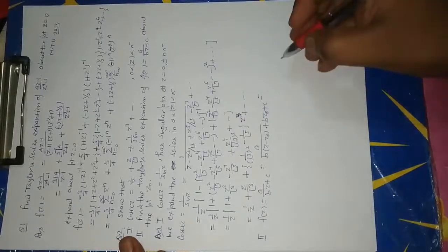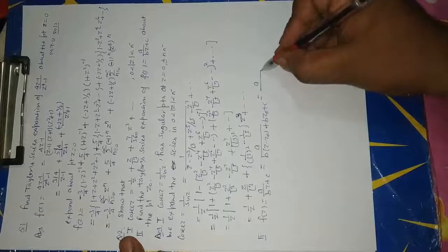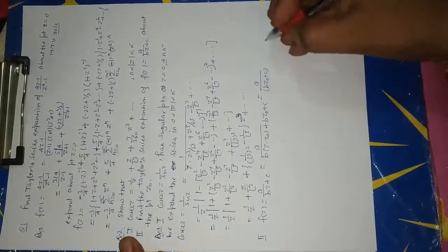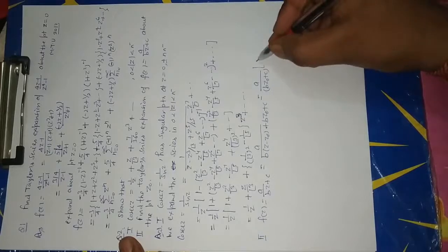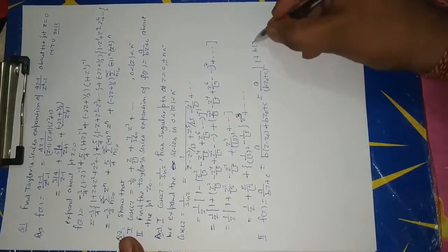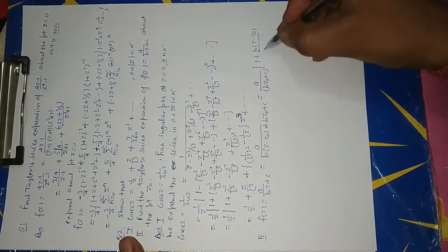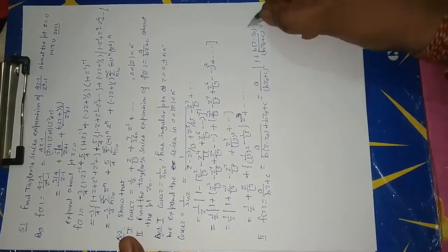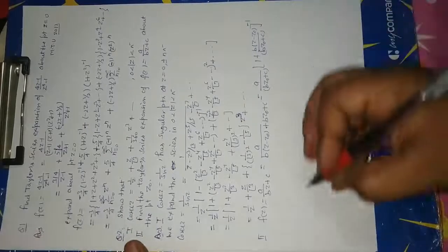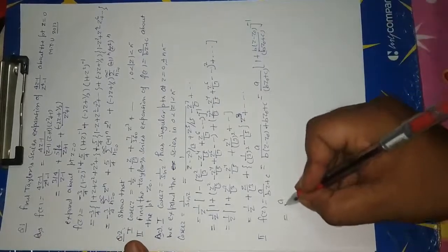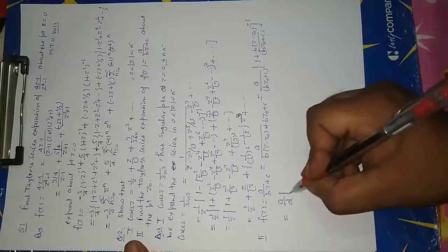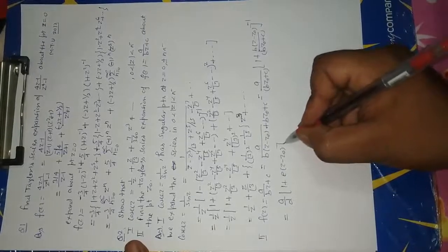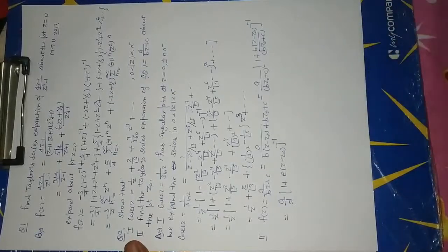This is equal to a/(bz0 + c), where bz0 + c is common, then [1 + b(z − z0)/(bz0 + c)] to the power −1. Now this is equal to a/d [1 + e(z − z0)] to the power −1.